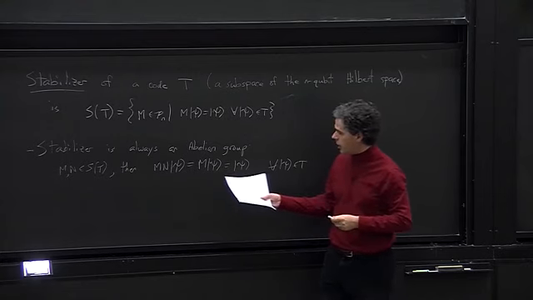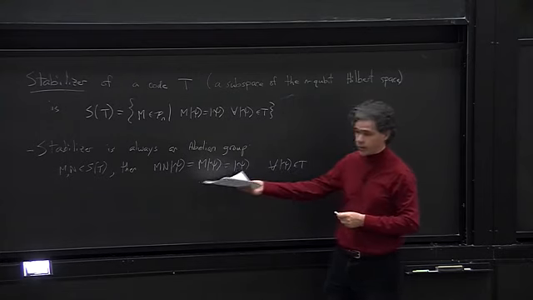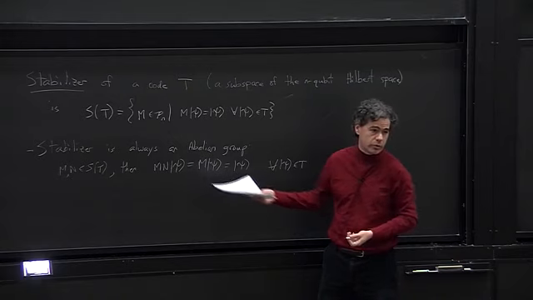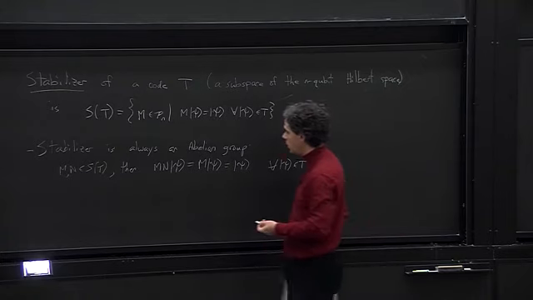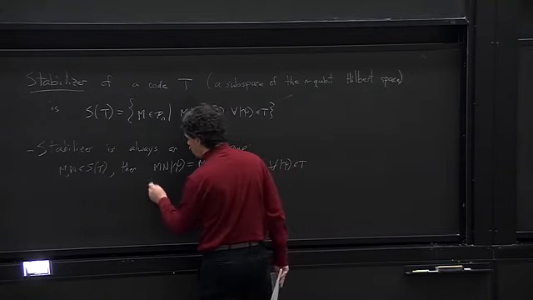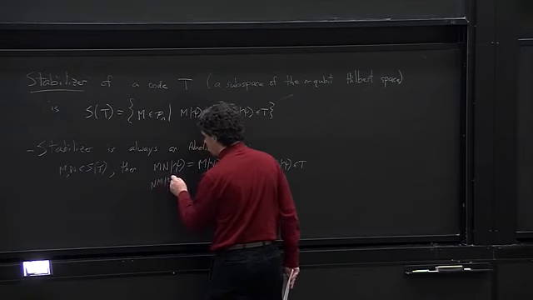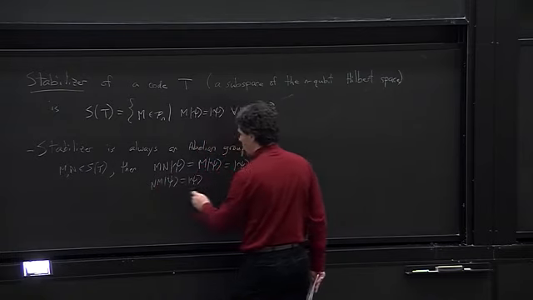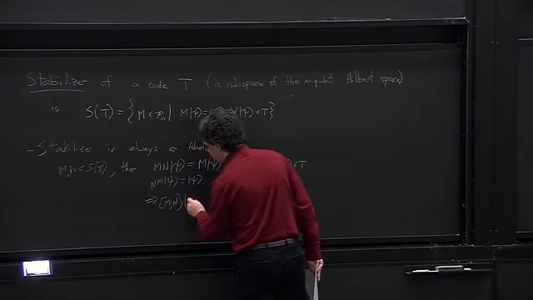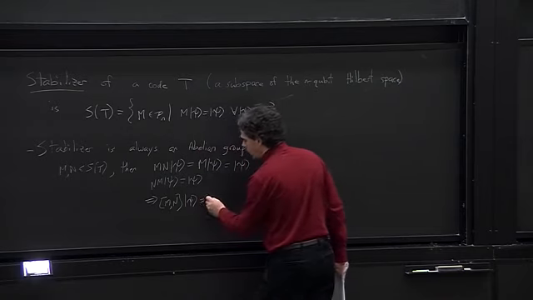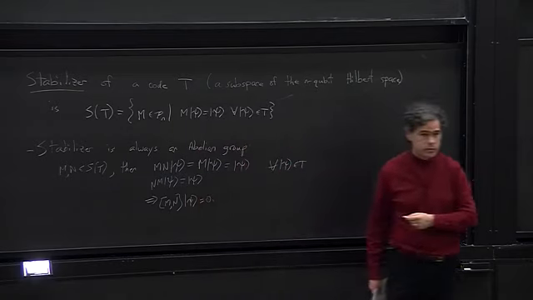So this is a proof that the stabilizer is closed under multiplication, which I already argued before, but there it is. And similarly, NM psi, by the same argument, is equal to psi. And so that implies that the commutator applied to psi is equal to 0. You just subtract them off.